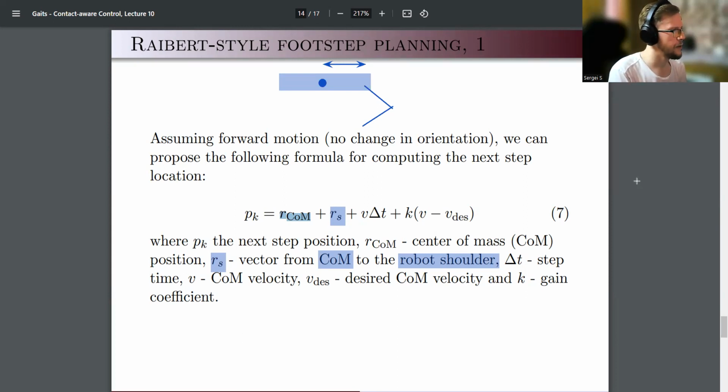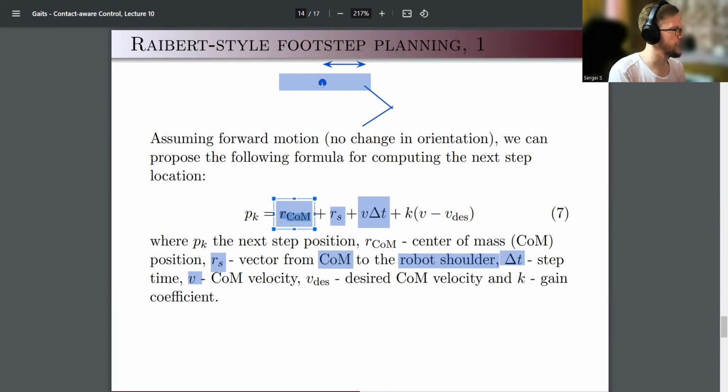Then separately, you have this, which is the velocity of the center of mass times the step time, the step duration. So those are so far very sensible.